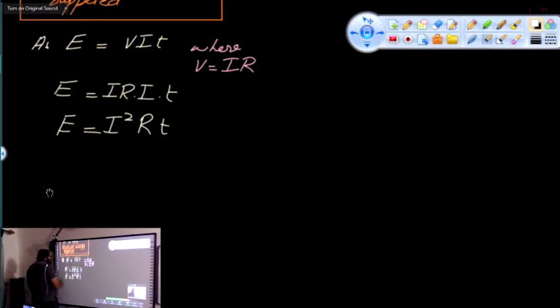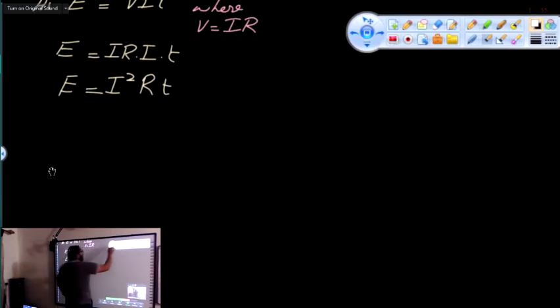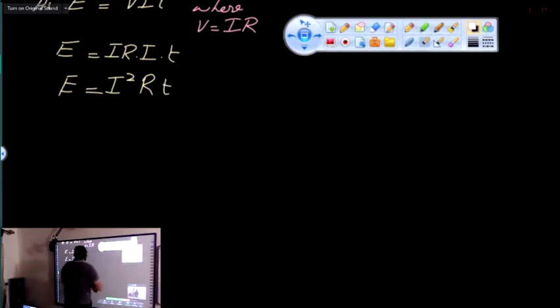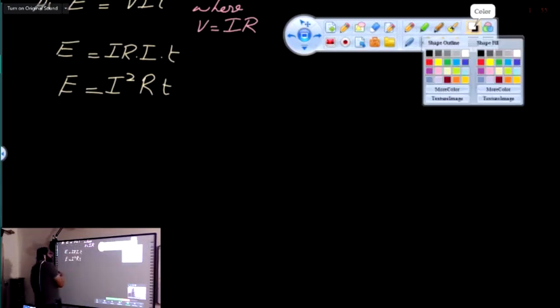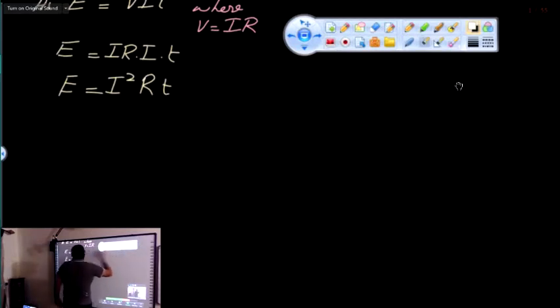Now, this is the formula of electrical energy which is dissipated across any electrical component, because the resistance is also given in this formula. So I'm writing this formula as E is equal to I square RT.